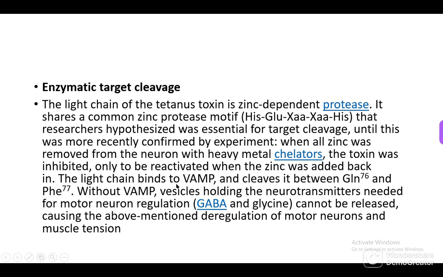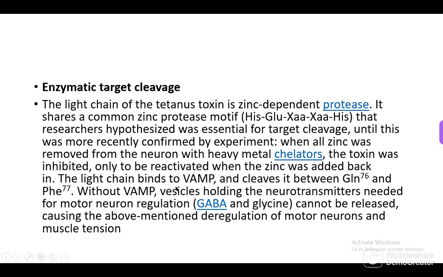In this fashion, the light chain binds to VAMP and cleaves between the glycine, GLN and the PHE. And without VAMP, the vesicle holding the neurotransmitter needed for motor neuron regulation, GABA and glycine, cannot be released, causing the above-mentioned loss of regulation of the motor neurons.